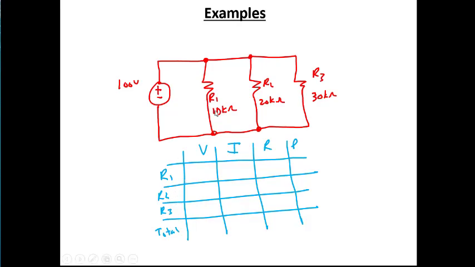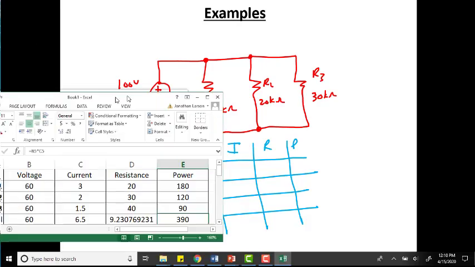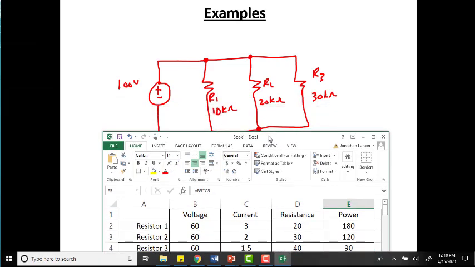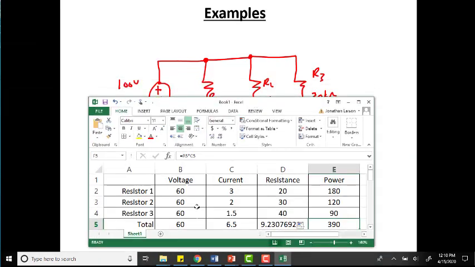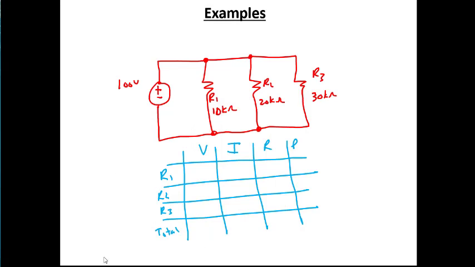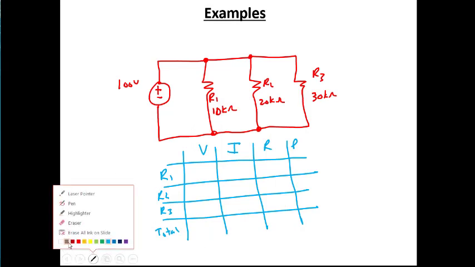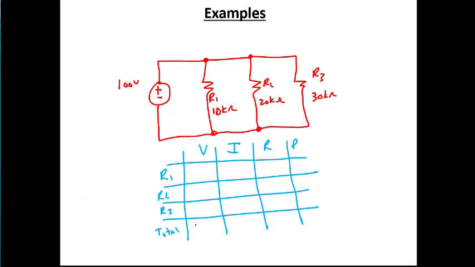Now for this one, I'm not going to do the problem. I'm going to cheat, and I'm going to go to Excel. I'm going to have Excel solve this one for me. So the total voltage, I'll start off by putting in the knowns. So this is 100, and then this would be 10K, 20K, and 30K. So these are my knowns.